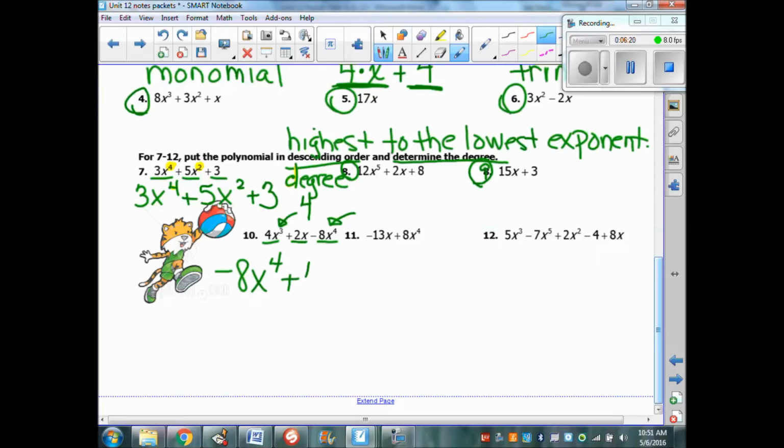So I'm going to have 4x to the 3rd. And when there isn't a sign there, you assume it to be a positive. Make sure you put that plus with it. And then the next exponent is 2x to the 1st. So plus 2x to the 1st, or just 2x. So we've put it in order. Now you've got to determine the degree of this expression. The degree is the highest exponent.